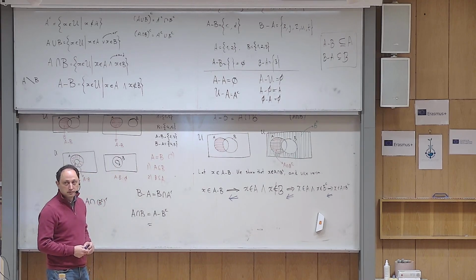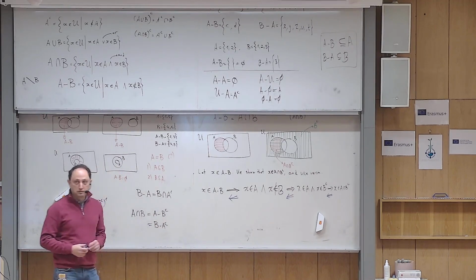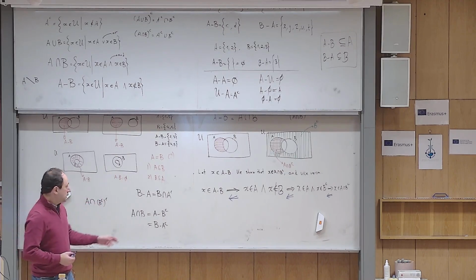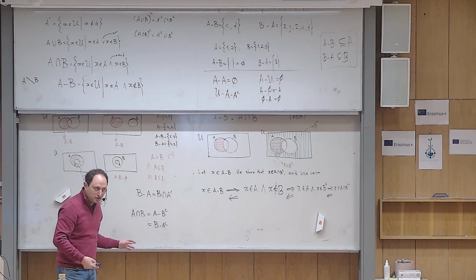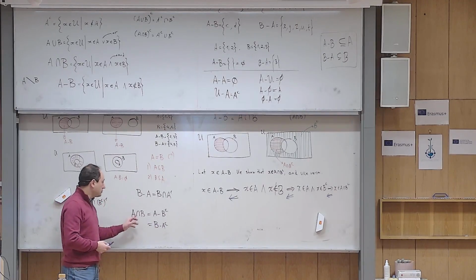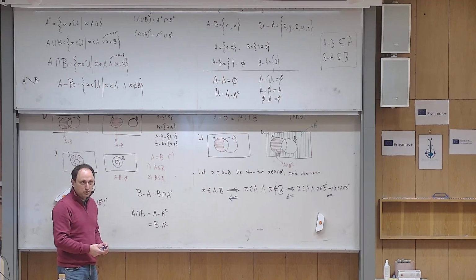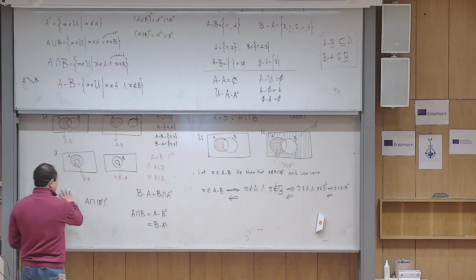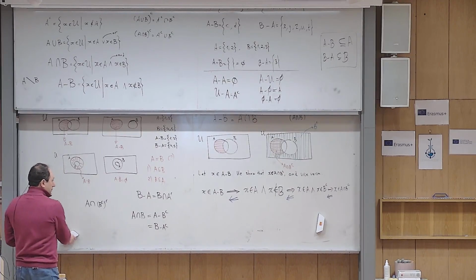What? I can simply write it as B minus A complement. Because this will give you B intersection A, but B intersection A and A intersection B are the same. So if I want to go from intersection to subtraction, I can do it in two different ways. Yes? Okay. So that is a very nice relation.